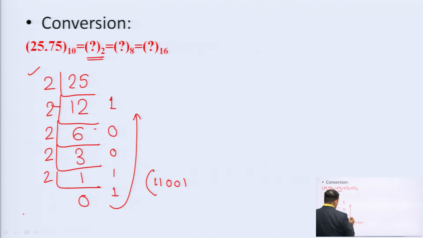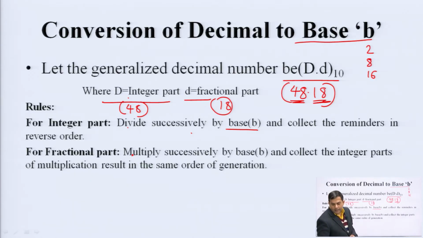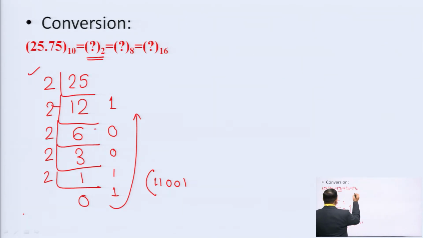Now for the fractional part. We have to multiply with the base into which we are going to convert. Here the base is binary, so the binary base is 2, and we have to multiply by it. So, let us start. Here the fractional part is 0.75, and we will multiply it by 2.